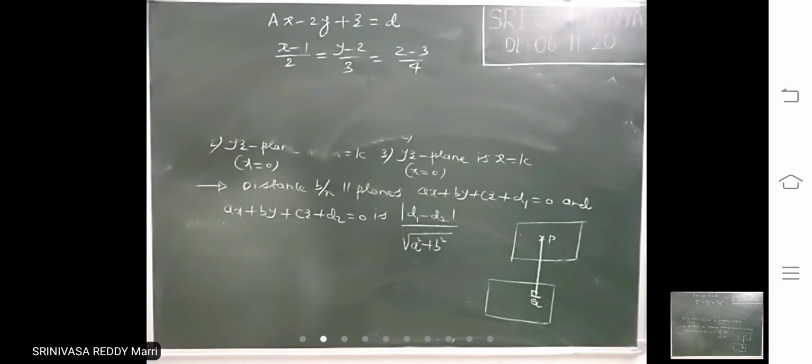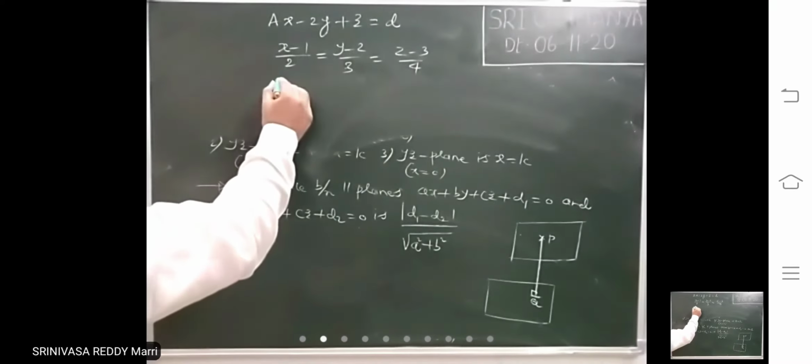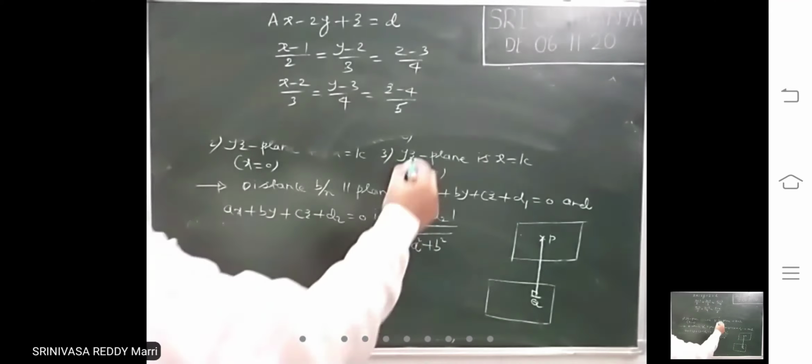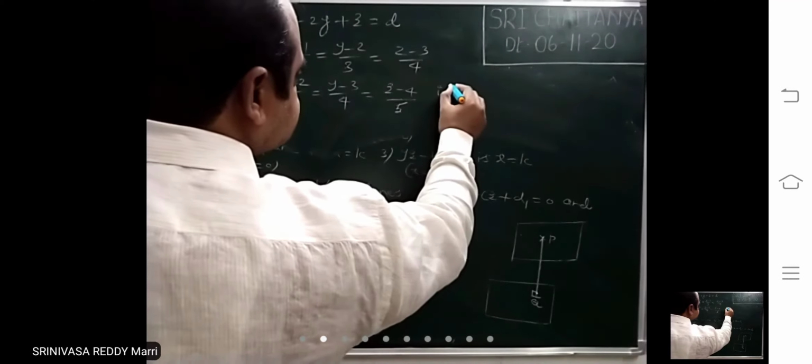This is one line and another line is given, x minus 2 by 3 equals y minus 3 by 4 equals z minus 4 divided by 5, is root 6. Then modulus d equal to dash.